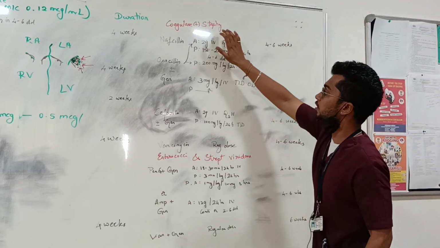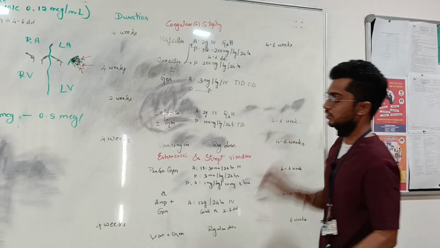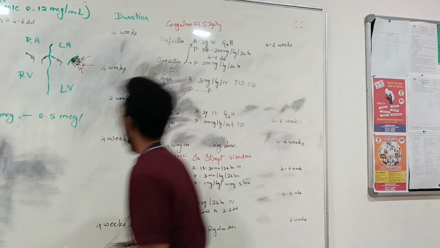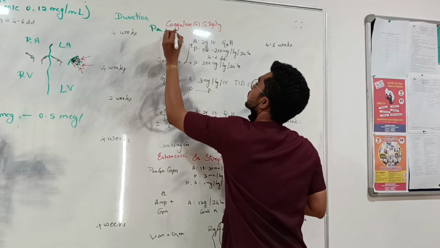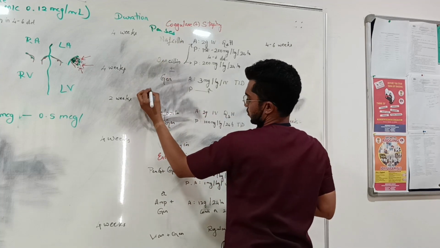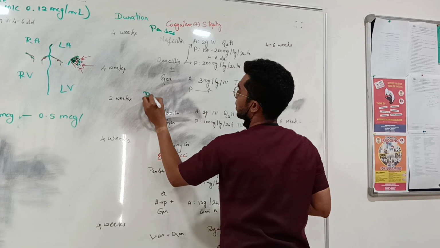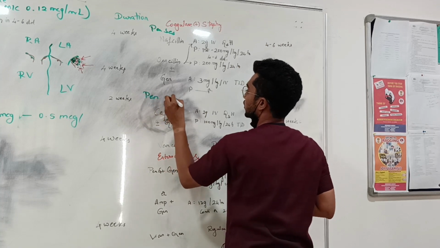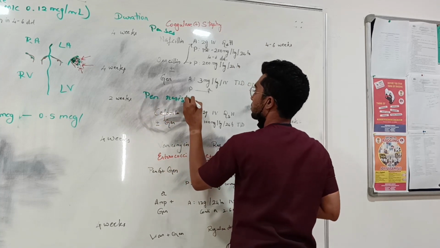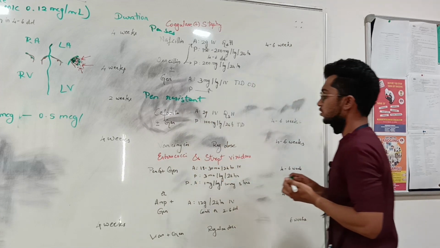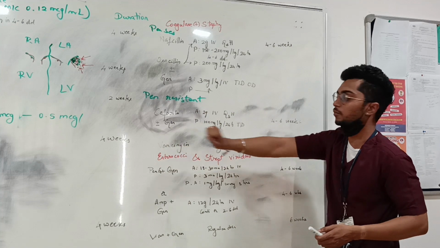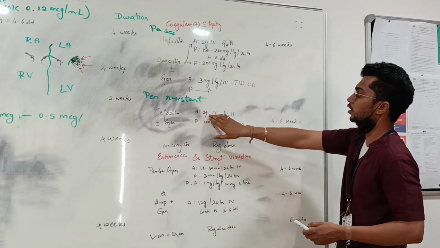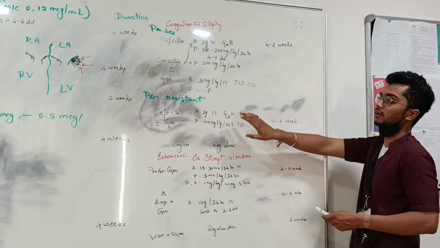Then this is for penicillin susceptible organisms. And this we have for penicillin resistant. So for penicillin resistant, the general guideline is to use cefazolin plus or minus gentamicin. Cefazolin should be used 2 grams IV every 4 hours.